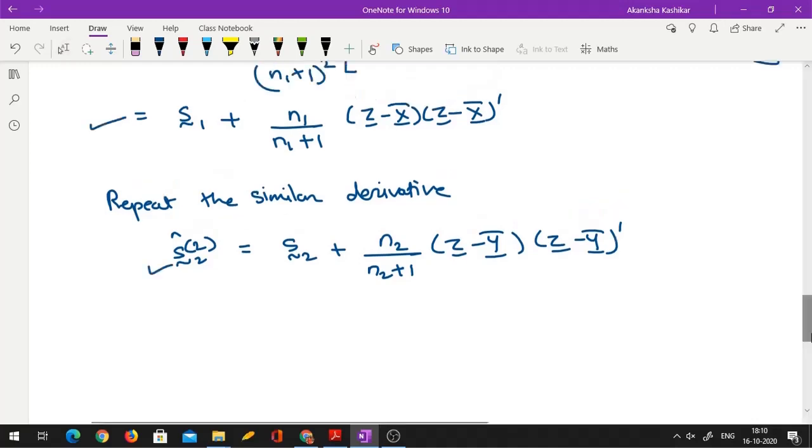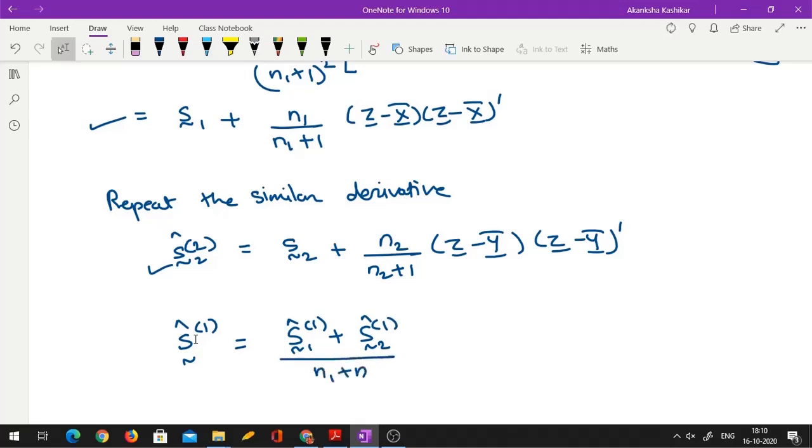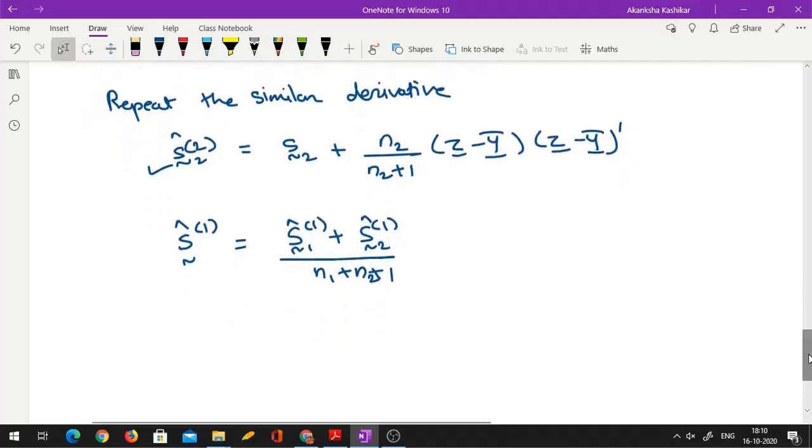But what our assumption is, is that both the populations have common CSSP matrices, right? And that's why our final estimate of the CSSP matrix under the first hypothesis would be S1 under first hypothesis plus S2 under first hypothesis upon N1 plus N2 plus 1, correct? We have to divide by total number of observations, because we are in MLE, we are not subtracting 1. So what does this mean?